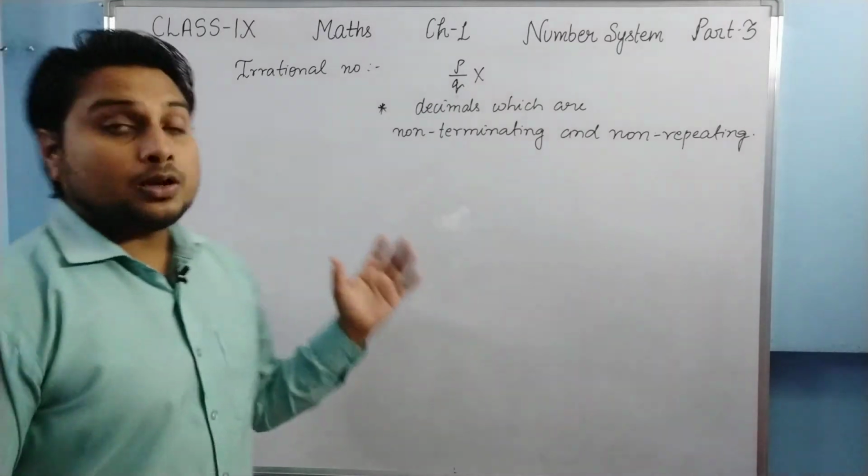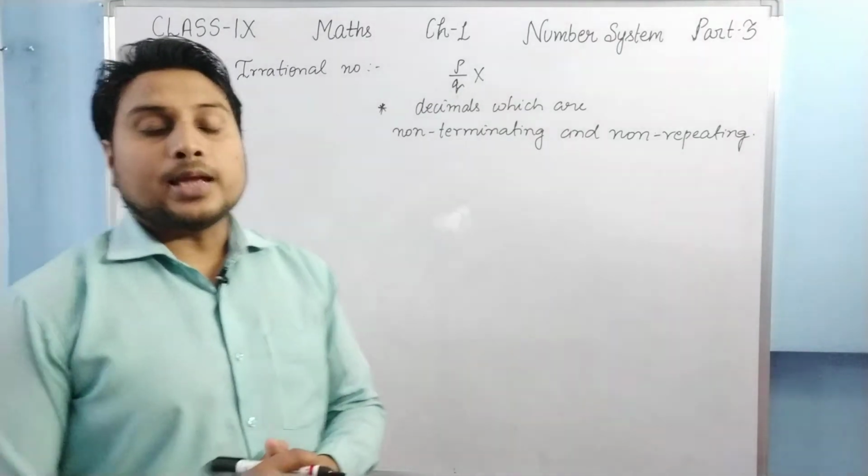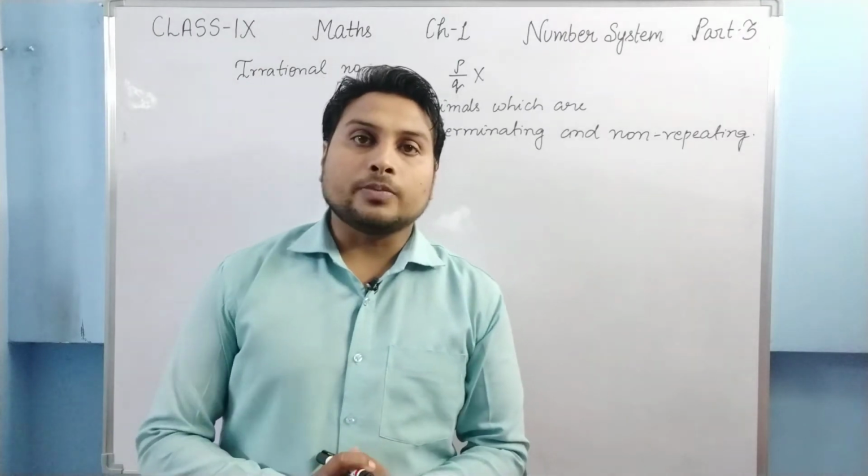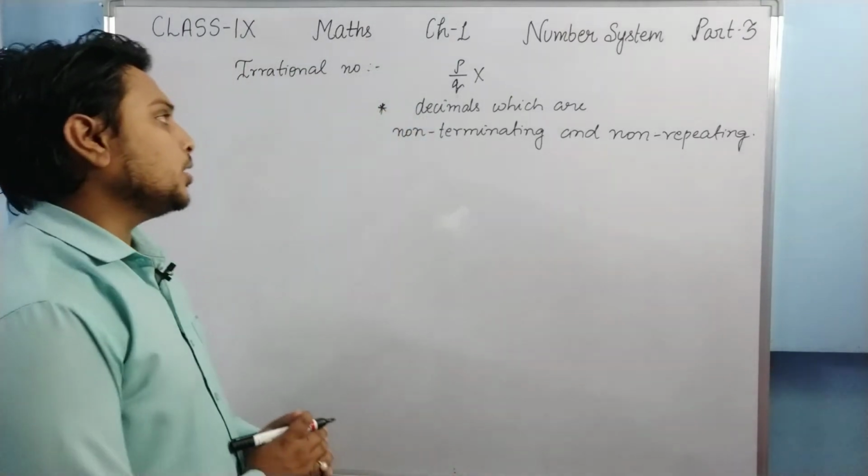So the numbers which cannot be written in the form of p by q are known as irrational numbers, okay?